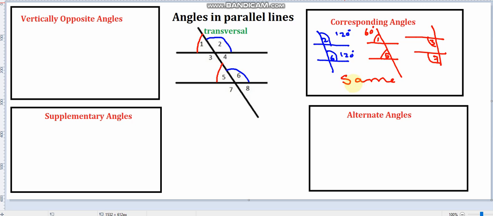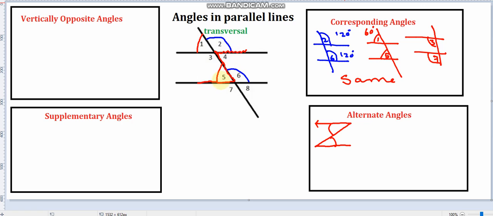It is just the same. Okay, let's talk about alternate angles. Alternate angles are making the letter Z. These two are the parallel lines. So these angles which are inside a Z are alternate angles, a pair of alternate angles. If I look here, you can see the shape.